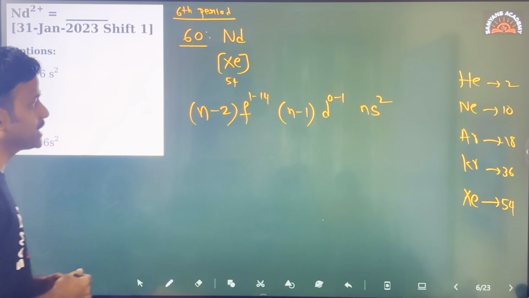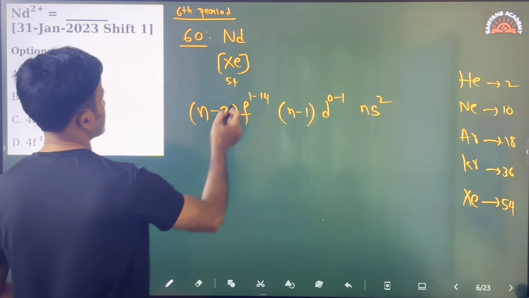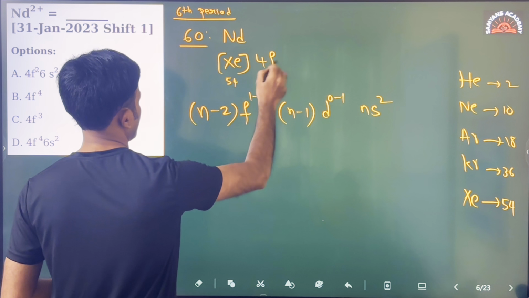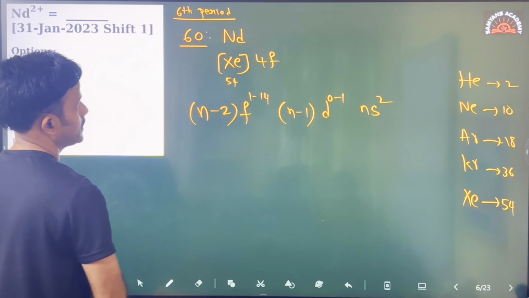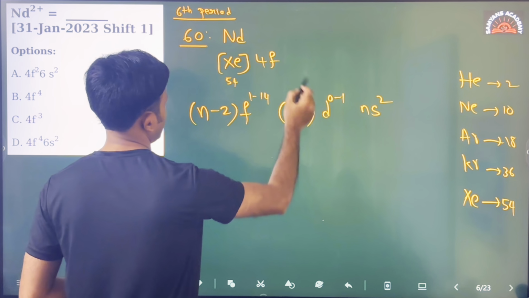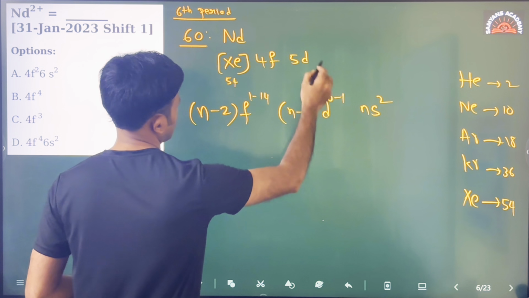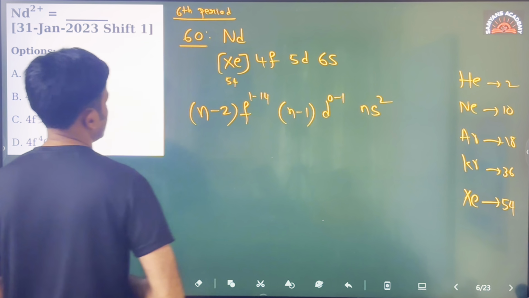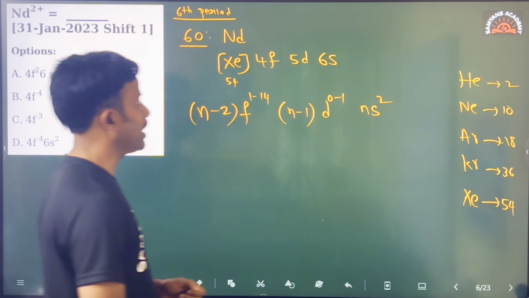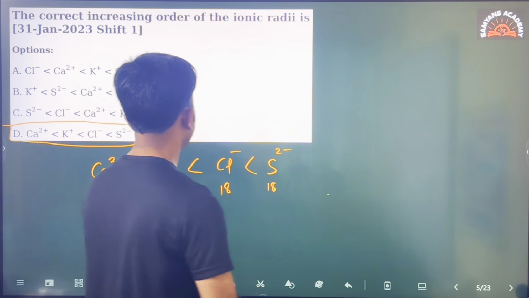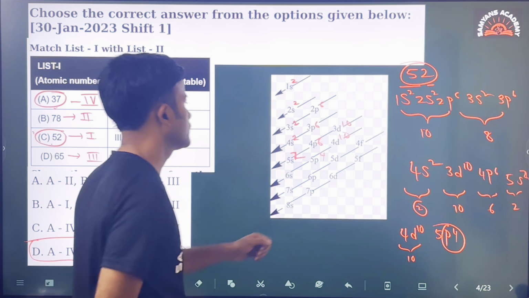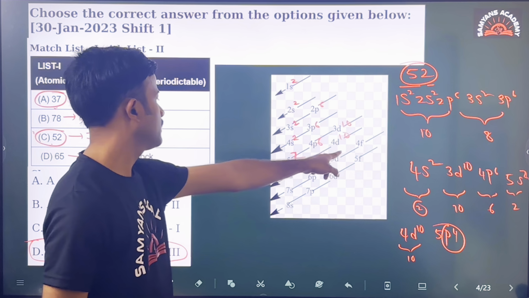So here the n value is 6. 6 minus 2 is 4f, then (n minus 1) 5d will come, then 6s. Then how do you fill the electrons according to the Moeller diagram? Which orbital does the first electron enter? After 4f, 5d will come.